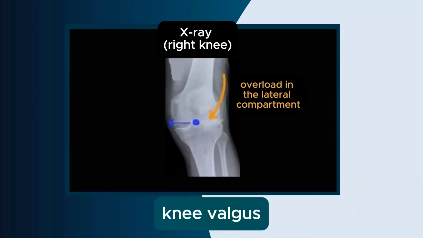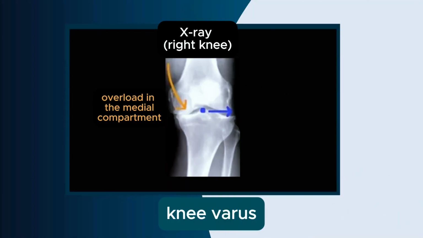And the pain I mentioned to you: knee valgus, pain in the lateral compartment, the outside part of the knee; varus knee, pain in the medial compartment, on the inside part. When these postural deviations accompany a person for a long time, while they walk, do physical activity, or perform daily activities, the deviation takes the patella off its track axis.